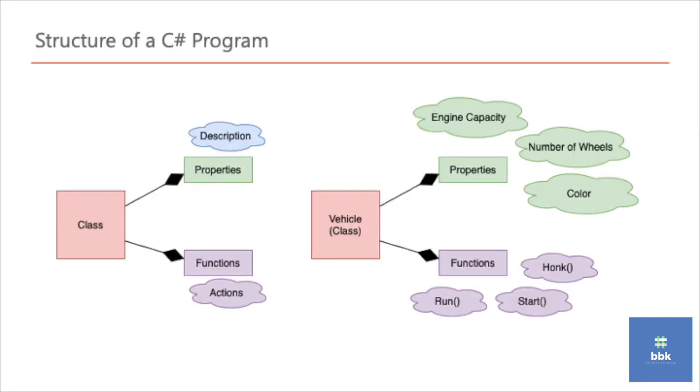Now, what is the benefit of putting all these properties and functions inside a class? Why can't we have these directly inside my program, like in structured programming languages? So here are the benefits. One, your code is now encapsulated within a class. It's not spread everywhere in your program file. Number two, it encourages reusability of code. Suppose you build a vehicle class today and tomorrow you need the same vehicle class in some other program, you can just pick up the class.